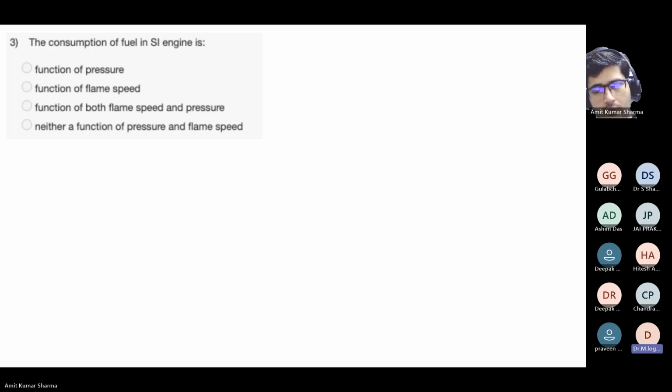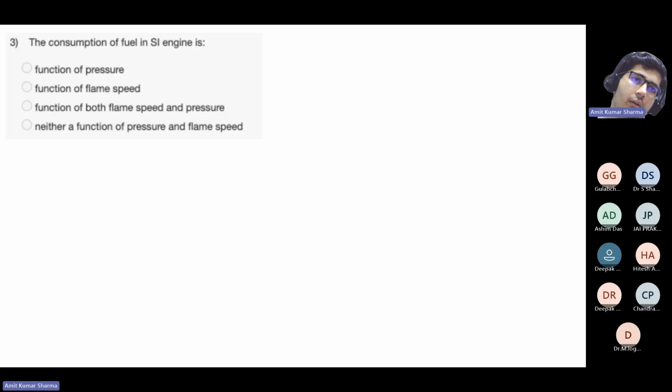Increase. Power output is increasing, fuel consumption is also higher. More cycles, more power. No, more cycles, you mean to say RPM? No, the engine size will increase if the power is increased. Cylinder size.